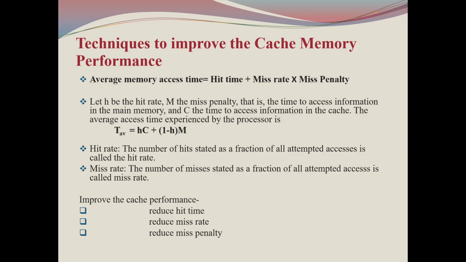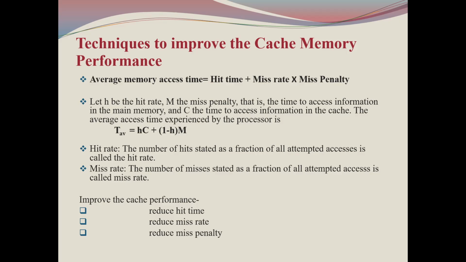Again, if the miss penalty is reduced or the hit time is reduced, then the cache performance will increase. So if H is the hit rate, M is the miss penalty, that is the time to access the information in the main memory, and C is the time to access the information in the cache, the average access time T average will be HC plus (1 minus H)M.